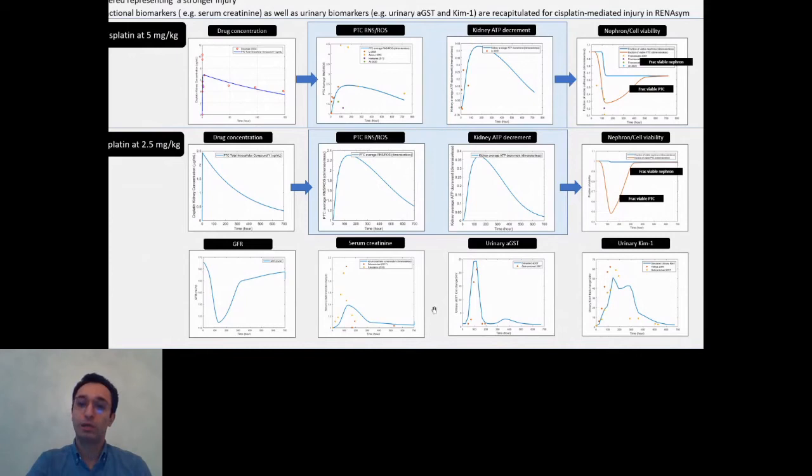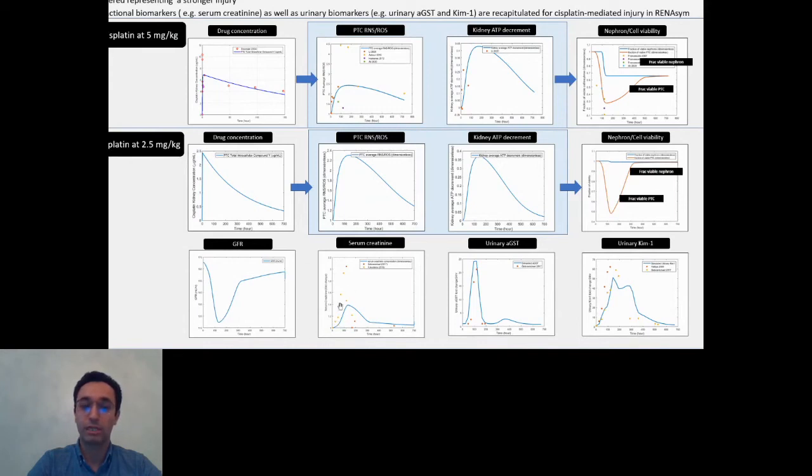But when we go to a lower dose, we don't have information about ROS or ATP, but we have information on biomarkers that we are using here for validation. If you look at our results at the lower dose, you can see that the recovery is actually faster. We would say those cells are fully recovered, and the filtration rate is also recovered.